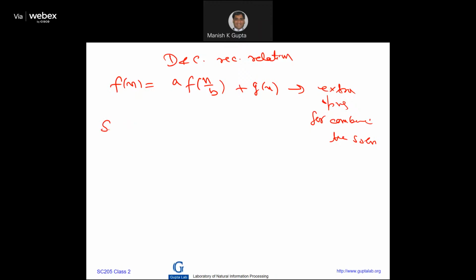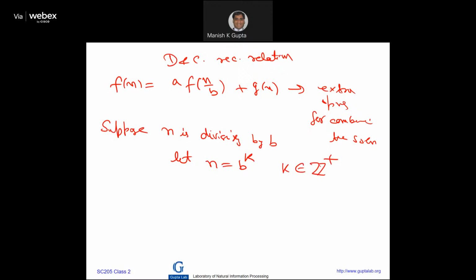Suppose I make certain assumptions. Suppose n is divisible by b. Let n be of the form b raised to the power k, where k is a positive integer.